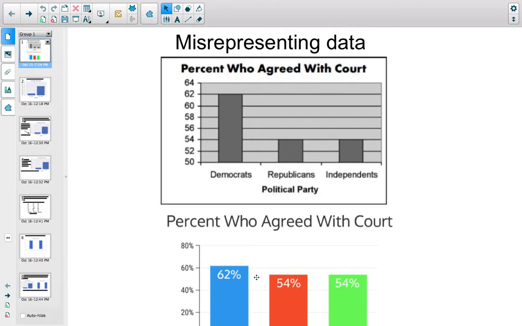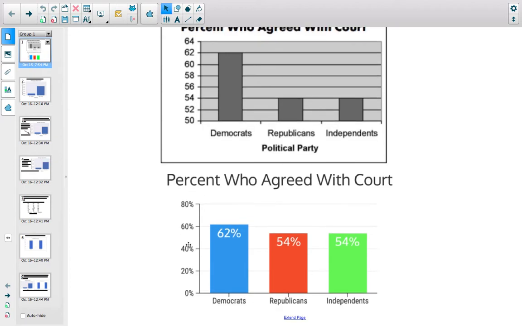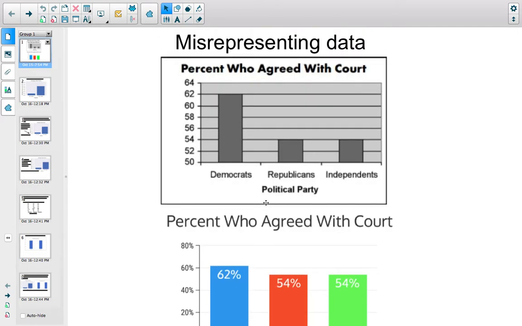You can say, well, the Democrats agreed with this, and depending on what you're trying to say, you could say the Democrats are real good or the Democrats are real bad, based on just this graph. When in fact, it's not really that different across the different parties. So you can change certain things about a graph to make it seem like it's saying one thing rather than another.